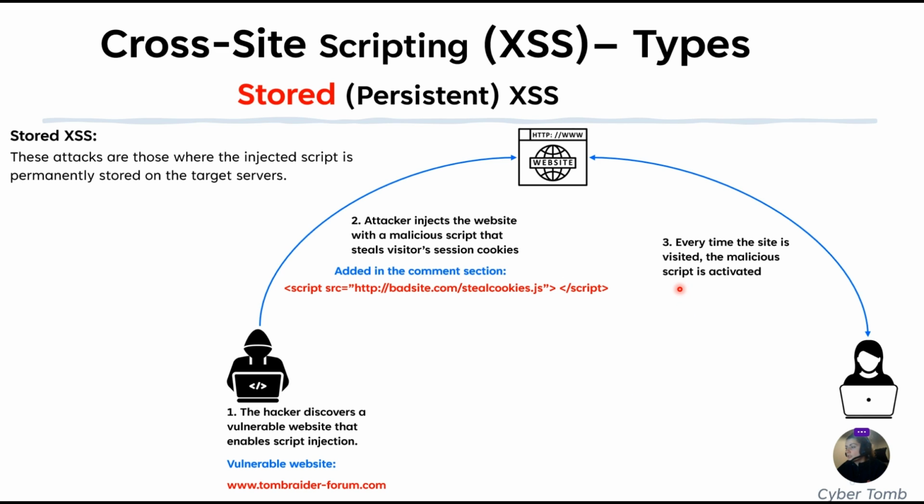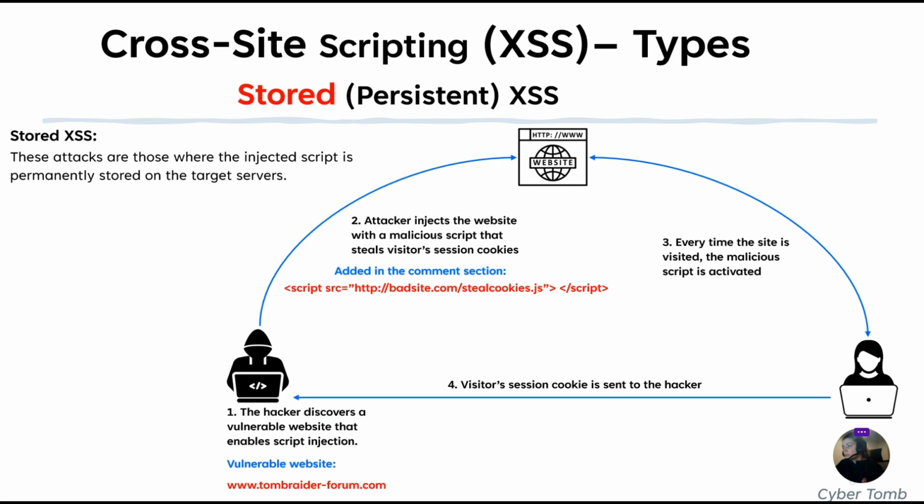So, in comparison with the previous one, where every time the link from the phishing email or whatever is clicked by the user, the payload will be activated, in this case it is every time a visitor visits the website. So a user visits the website, and the visitor session cookie is sent to the hacker.